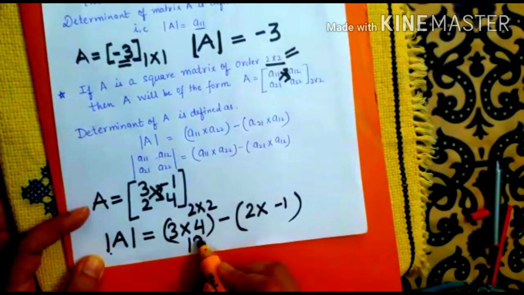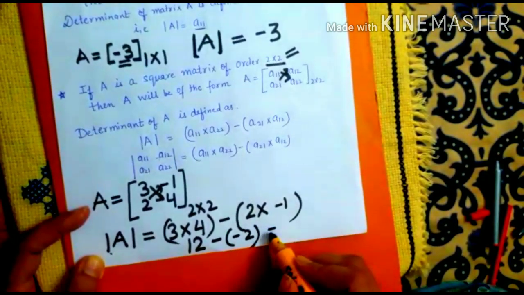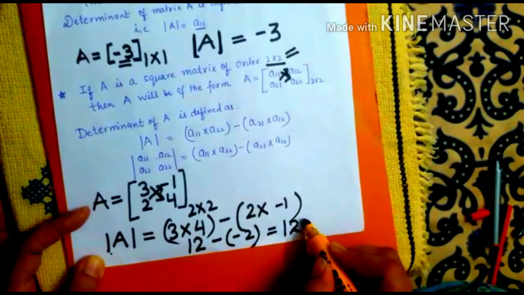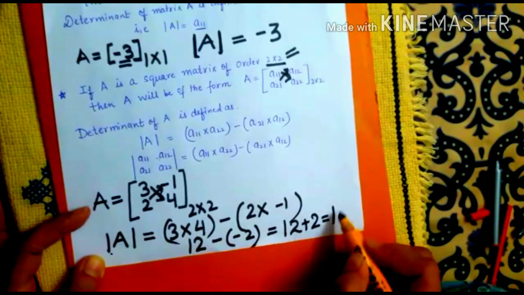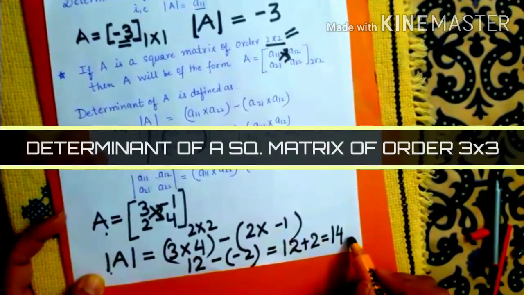So that will give you 12 minus negative of 2, which is equal to 12 plus 2, that is 14. So determinant of this matrix A is 14.